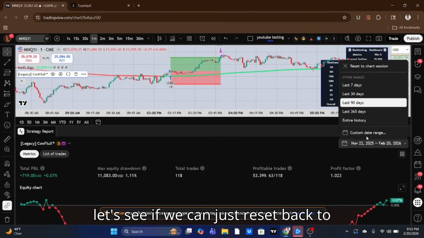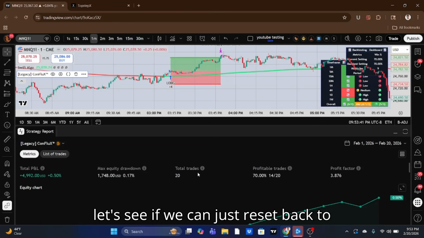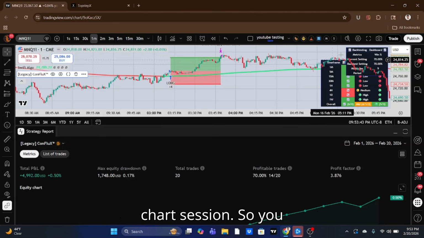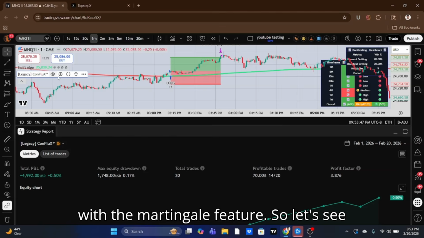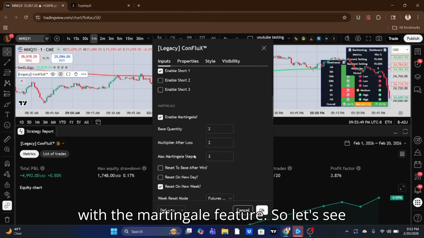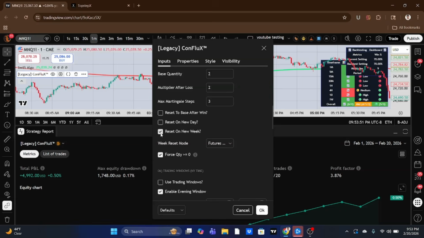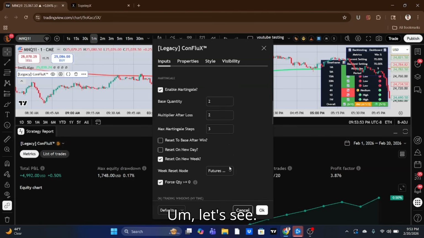Let's see if we can just reset back to chart session. So you see 70%, 74%. This is with the Martingale feature. We saw new week.